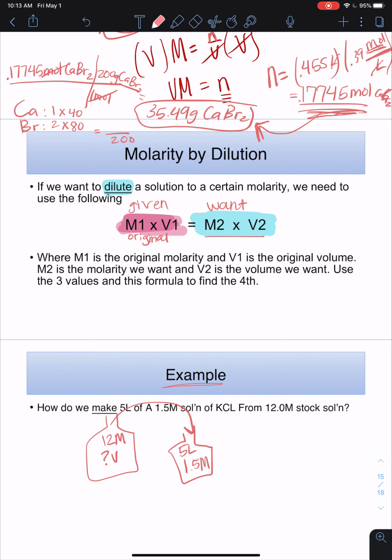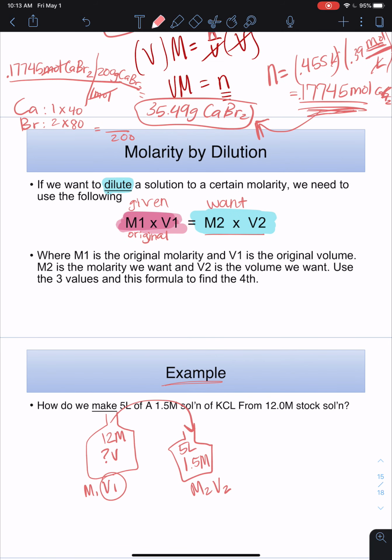So essentially this is your M1V1 and this is your M2V2. Okay, so I don't know volume 1, so I am solving for V1. Okay, so I'm going to divide both sides by M1 to get V1 by itself, and that gives me V1 equals M2V2 over M1.